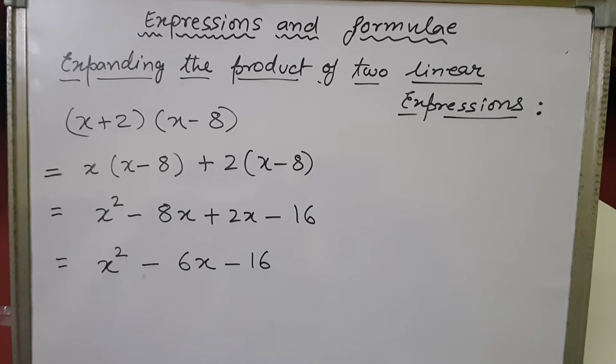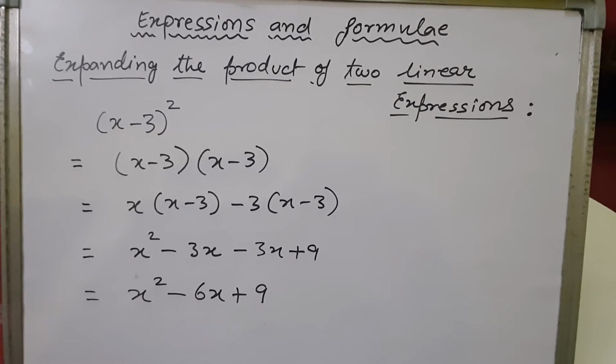Plus minus will always be minus, and the result will have the sign of the greater number. So 8 minus 2 is 6, and 8 has a negative sign, so we will get minus 6x. The product will be x square minus 6x minus 16. Please note.